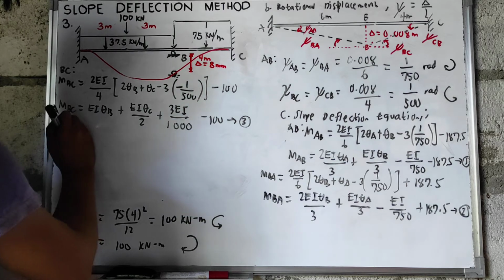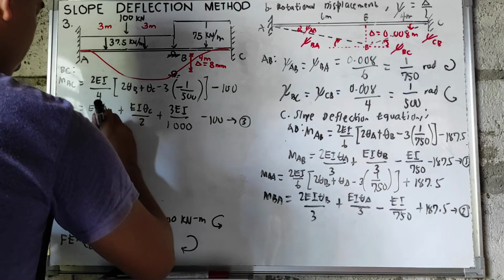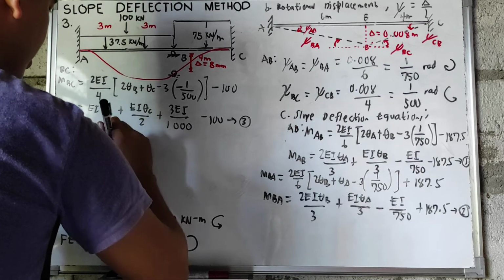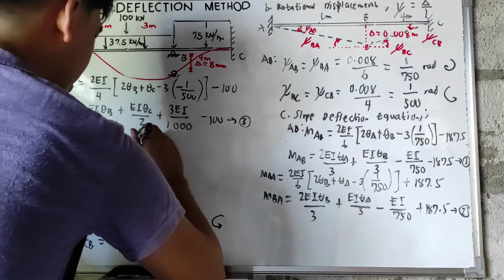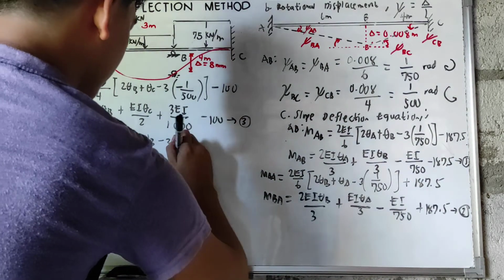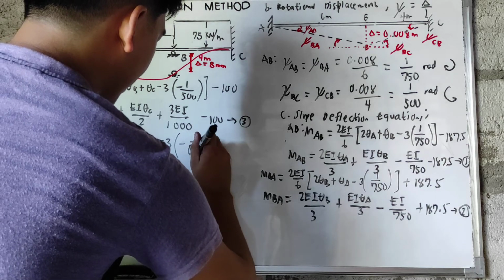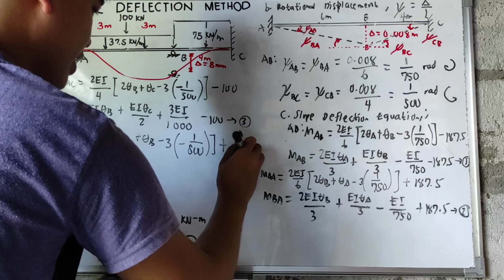So next naman is for the value of your MCB. So 2EI over 4. So yung 2 theta C plus theta B minus 3 negative 1 over 500 plus naman yung value ng 100 natin.